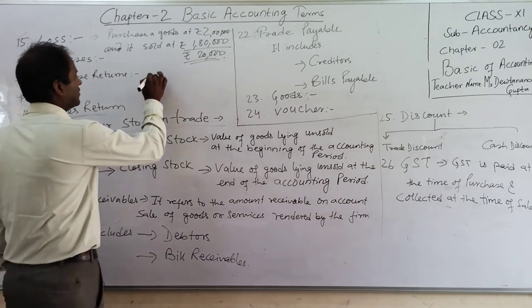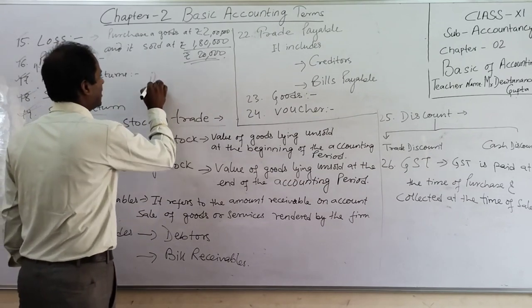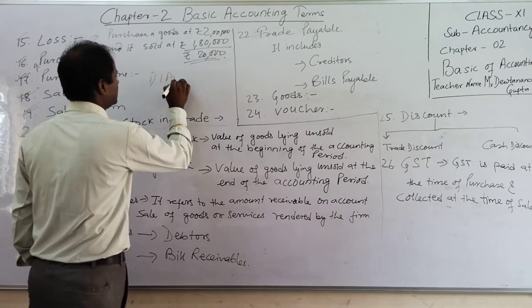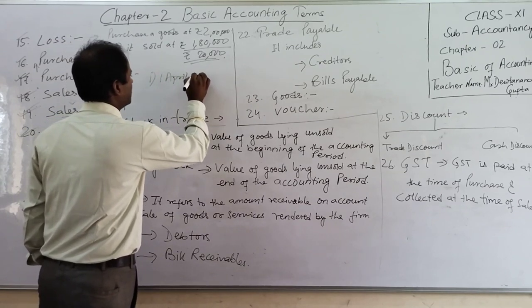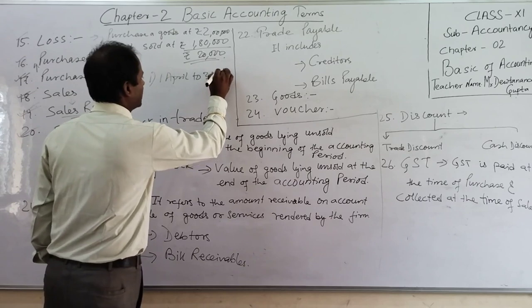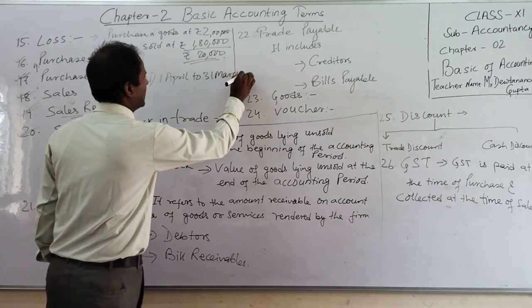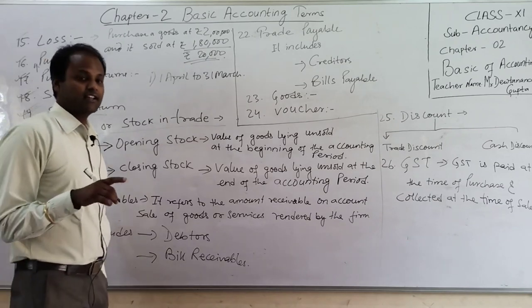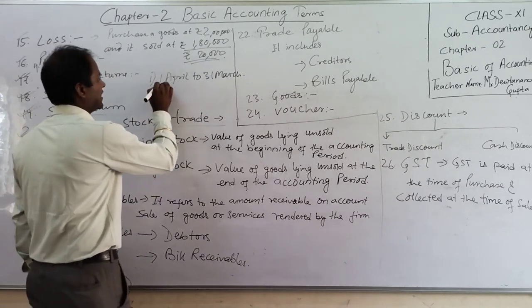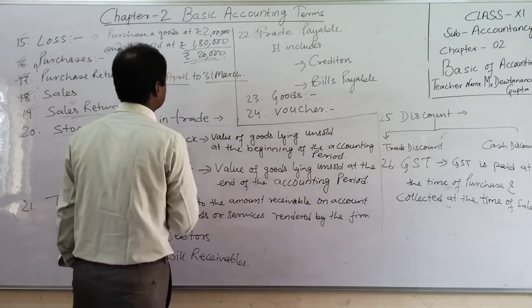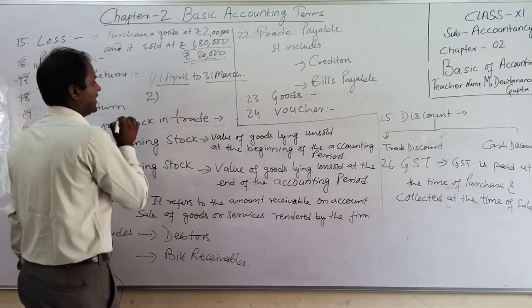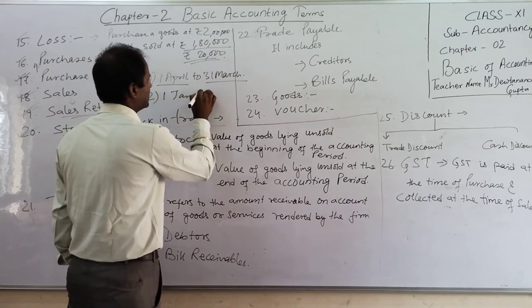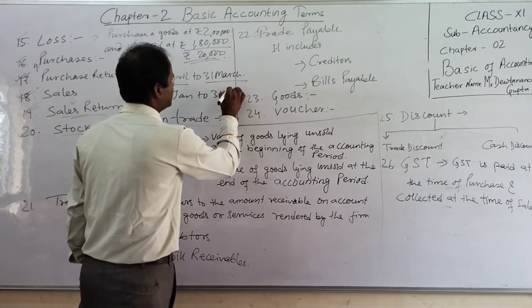Accounting period means a period of 1st April to 31st March. There are two types of year: one is accounting year and one is calendar year. Accounting year starts from 1st April and ends on 31st March, and the calendar year starts from 1st January and ends on 31st December.